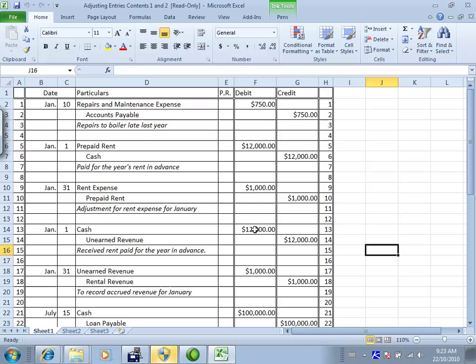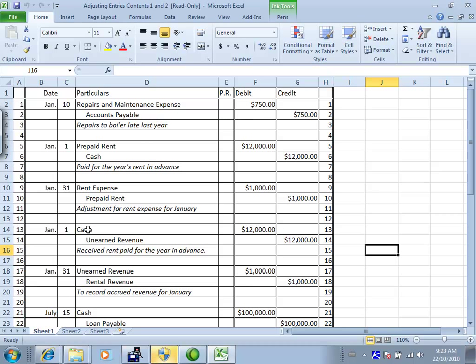For example, if the company decides after a month that they're going to move, and as long as they have this lease agreement, then they wouldn't have $12,000 in rent earned as revenue. They would have perhaps a month, and then that's it.